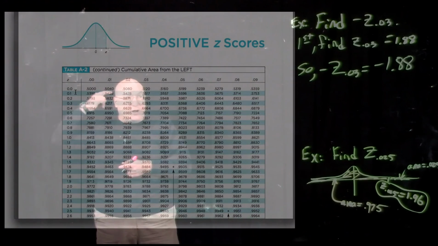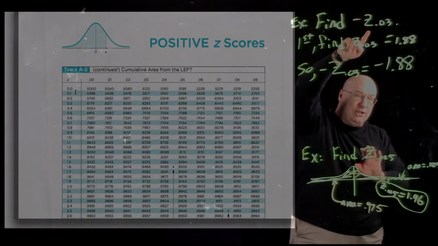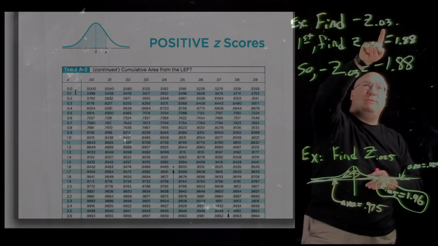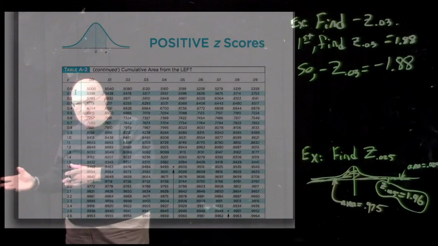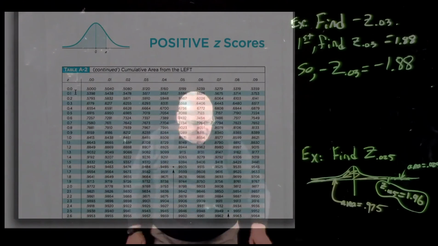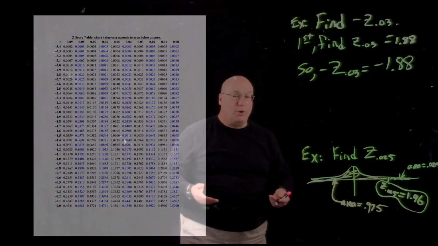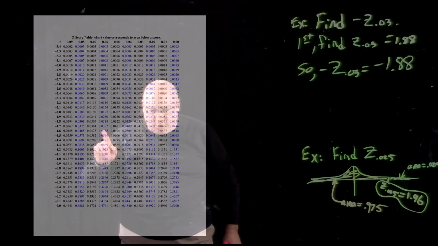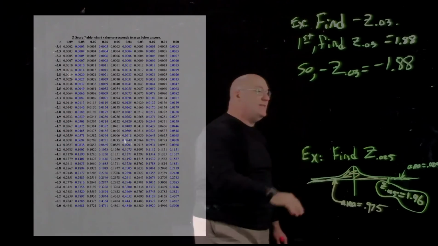I could have just thought, if it's negative z.03, and this can be a little bit confusing, you don't need to do this, but let me just go find the z-score that has 3% of the area to its left. And if I look in the negative z chart, 0.03, the closest I can get is 0.0301, and look at that, it's negative 1.88. I get exactly the same answer.